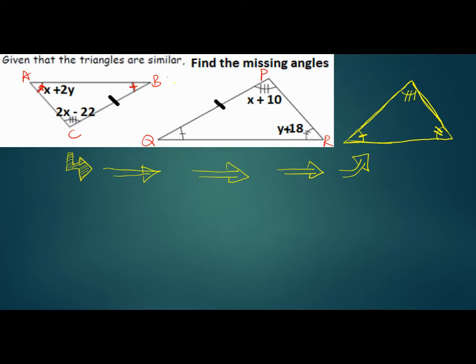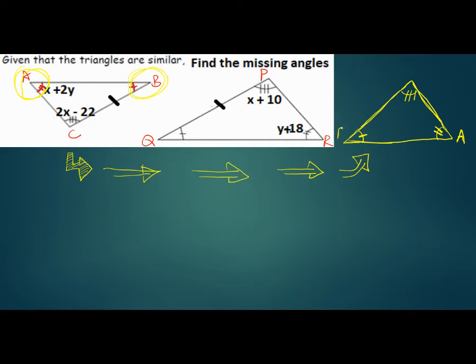So, I see that angle A, there are two lines. Therefore, this is going to be A. B is having one line.